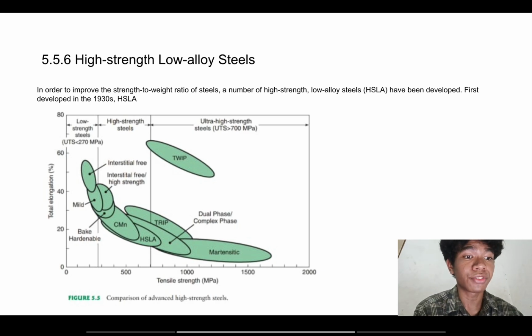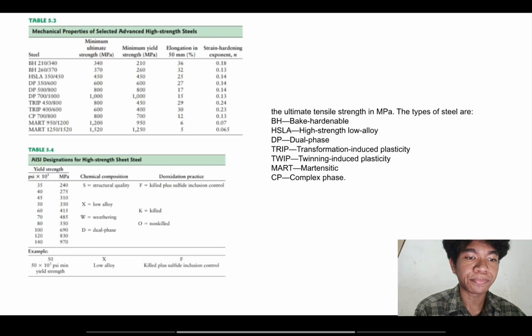It's around 500, etc. And here's the table of the mechanical properties of selected high strength steel, and there are minimum ultimate strength or MPa, and it starts with the highest strength hardening exponent 0.18 until the lowest 0.065.